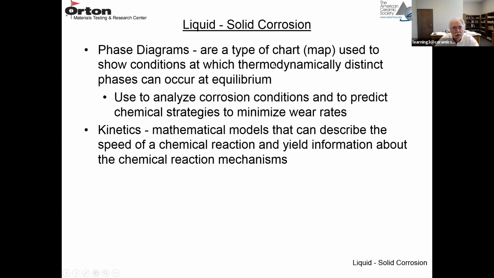So phase diagrams are based on thermodynamics, and they're just going to tell you what's going to happen between the different chemical species, what's going to react, maybe what compound you might form, maybe what liquid phase you might form, but it tells you what's going on at the hot face.